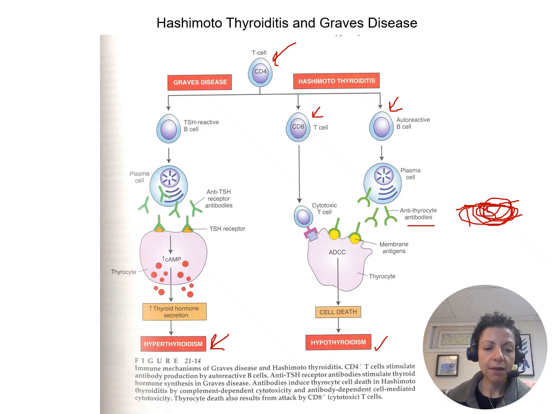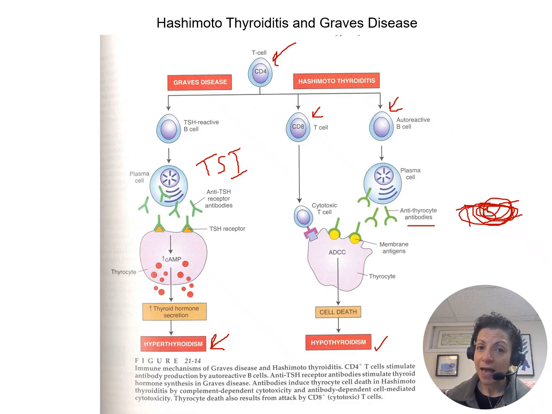So we'll come back to Graves' disease. But it's very similar. We have autoreactive CD4 cells that produce these TSH reactive B cells. They produce an antibody that's the one that we call TSI. This antibody actually binds to the TSH receptor and can activate it.